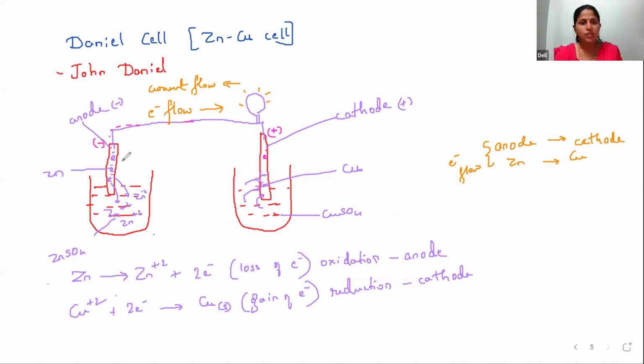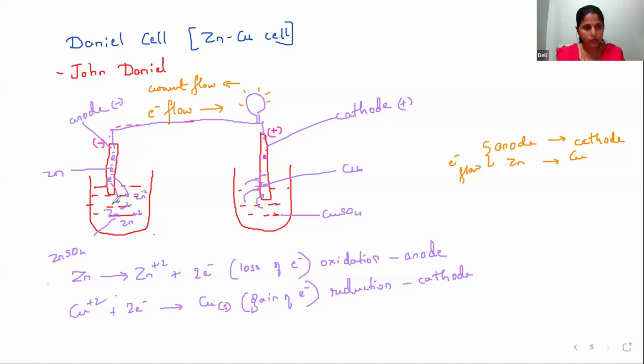Now see, as the reaction is proceeding, Zn plus 2 is increasing in the first beaker. Zn is getting converted, giving up electrons, and Zn plus 2 ions are coming into the solution.